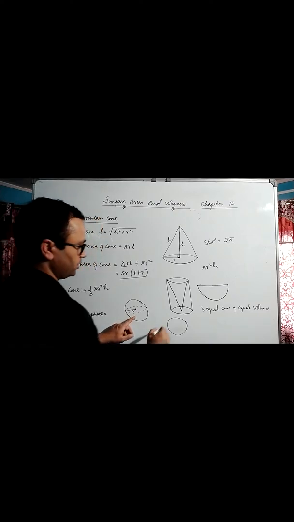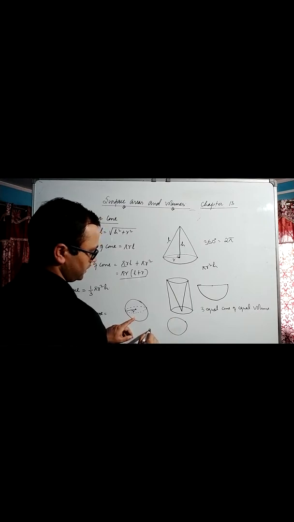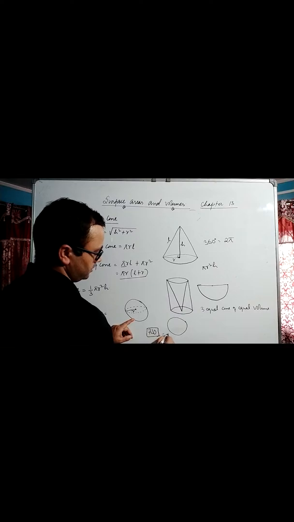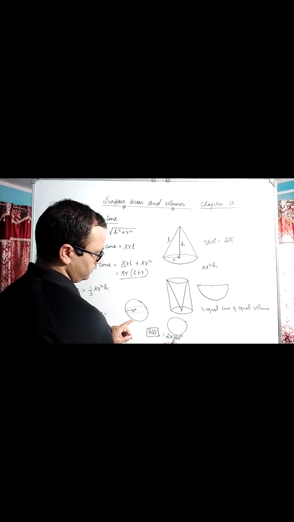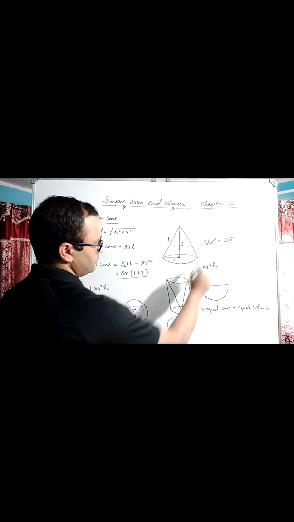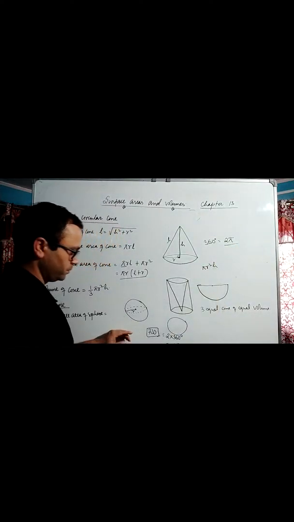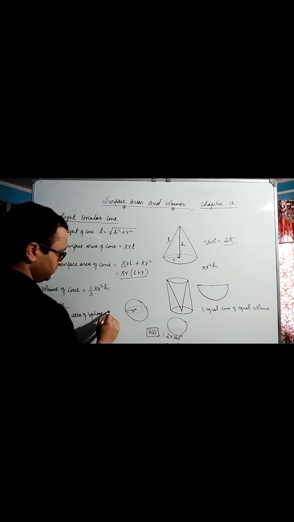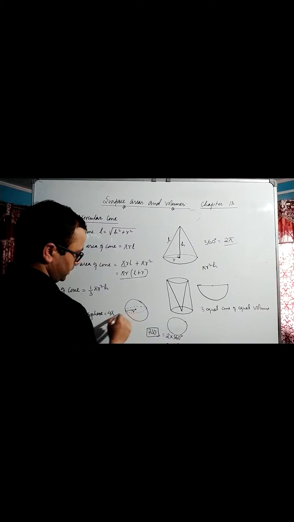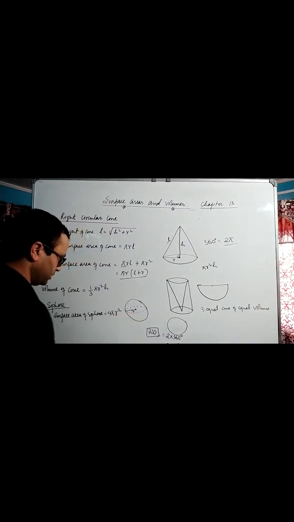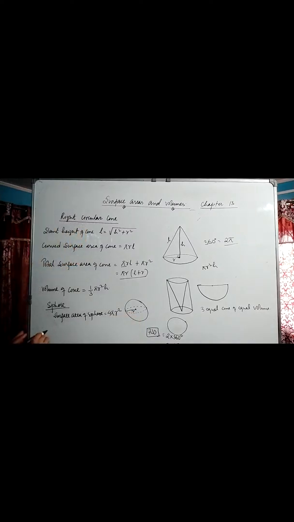In a 3-dimensional solid, the complete angle is 720, which is 2 into 360 degrees. So 2 into 2 pi is 4 pi, into the square of the radius, is the surface area of the sphere.